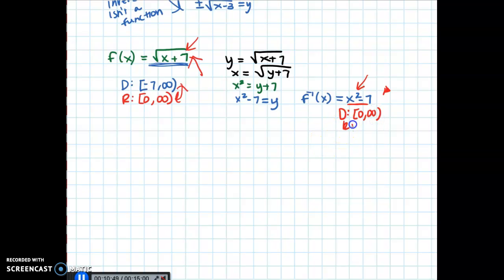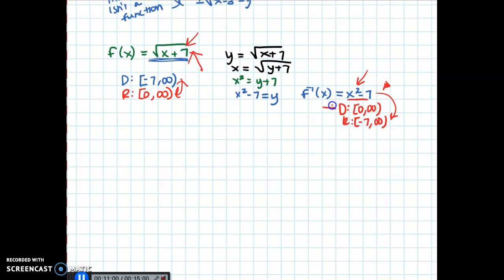And the range of this would have to be from negative 7 to infinity, which the range of this already is that. If you looked at the graph, this would be shifting down 7 there. So it's very important that you indicate that all of your x's have to be greater than or equal to 0 in order to account for the restricted domain.